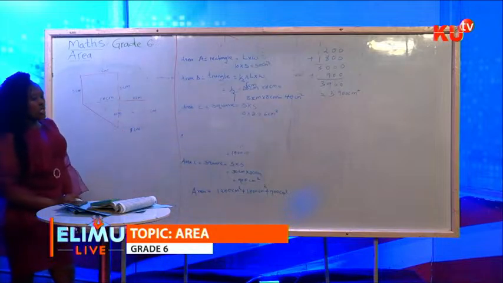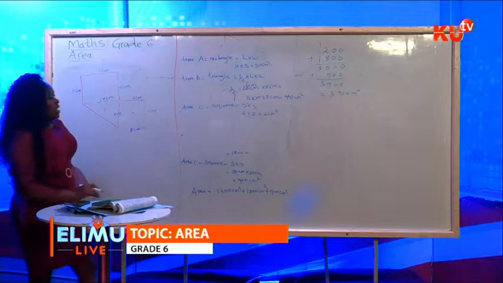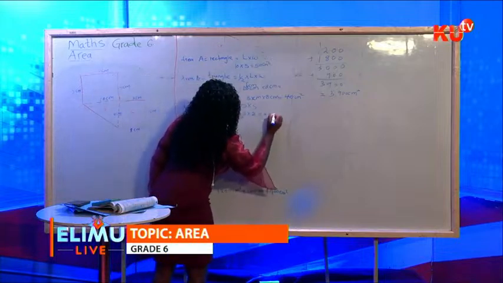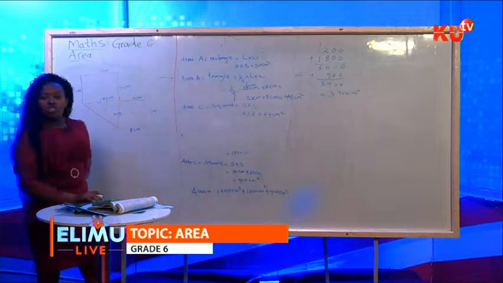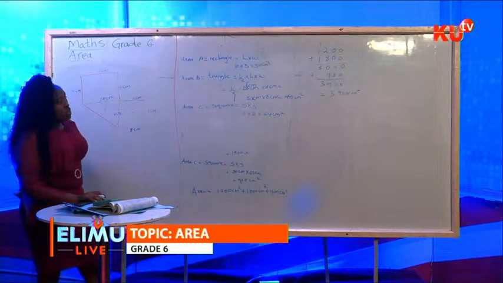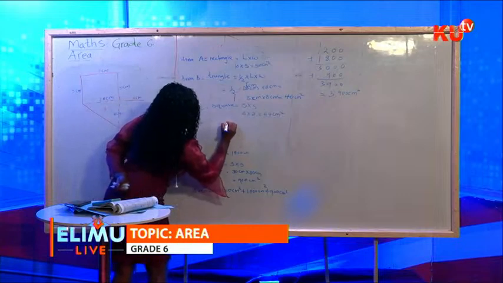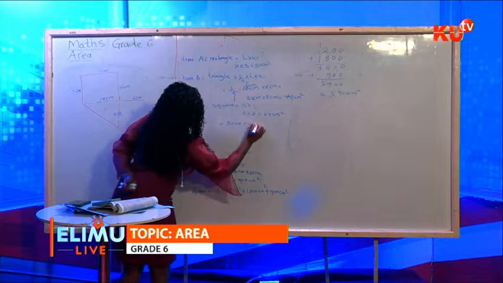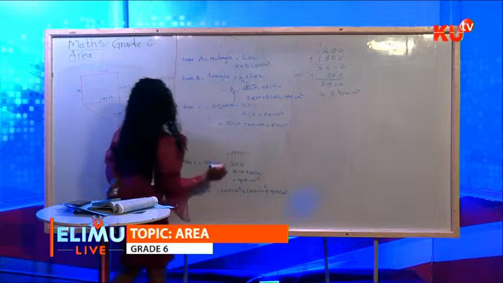So to get the total area, for us to get the total area, we are supposed to add the 3 areas together, which will be 50 centimeter squared plus 40 centimeter squared plus 64 centimeter squared.